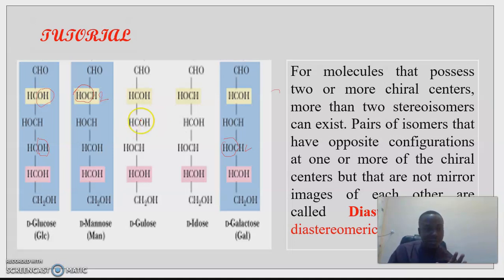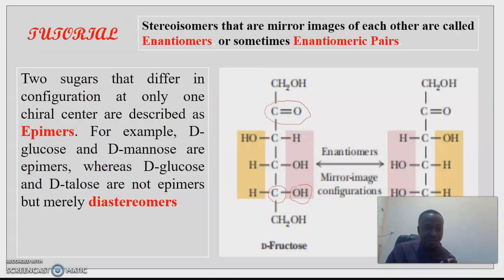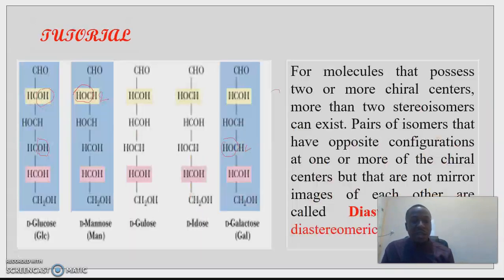But you can see that mannose and galactose are not epimers. They are called diastereomers. For example, D-glucose and D-mannose are epimers, whereas D-glucose and D-talose are not epimers but diastereomers. Mannose and galactose are different at more than one carbon atom.